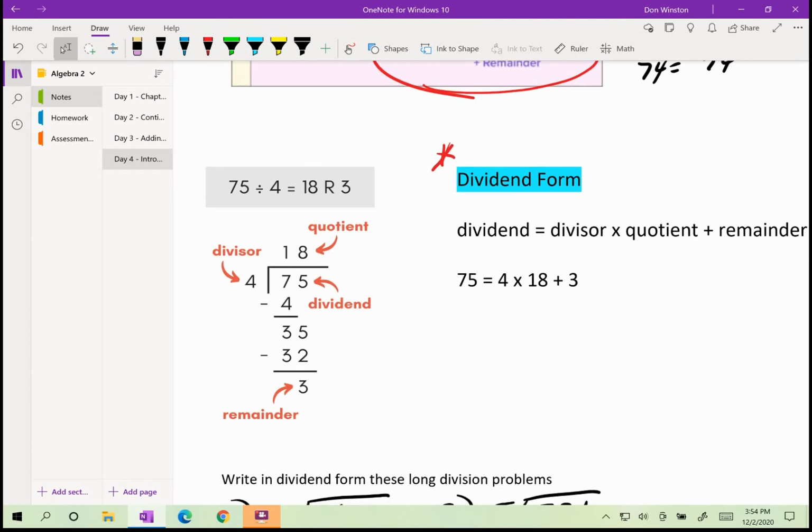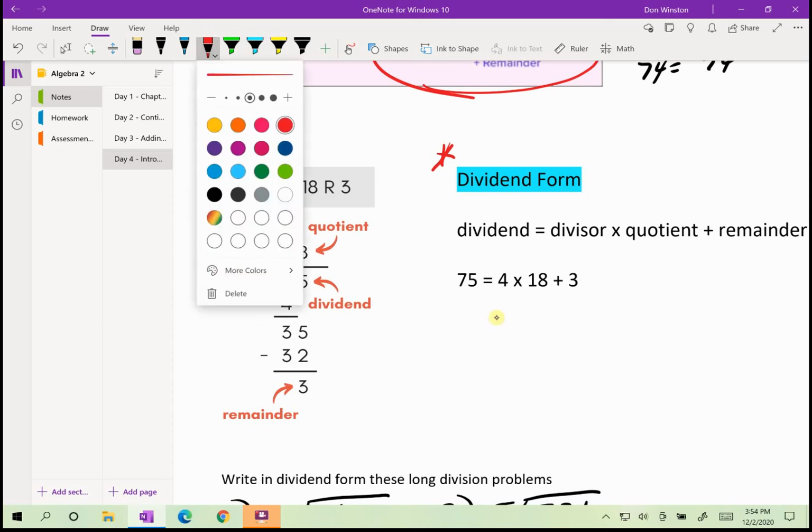So let's say here we have 75 as the dividend. It's the number underneath the box, and the divisor is 4. Okay, so we say how many groups of 4 go into 7? Well, there's 1 group of 4 that goes into 7. And then we go 1 times 4 is 4, and we put that underneath the 7. And then we go 7 minus 4 is 3. We bring down our 5.